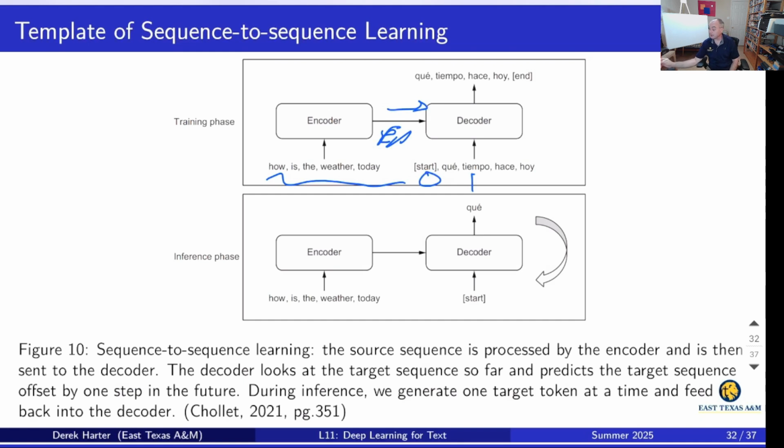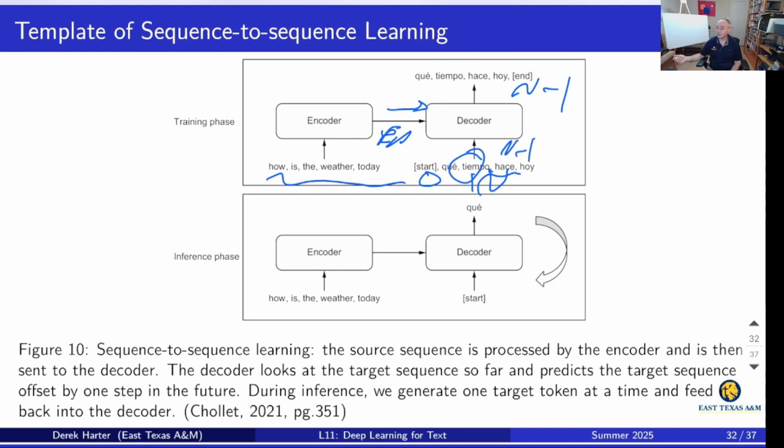So the decoder in the model gets 2 inputs: the intermediate representation from the source, and the destination sequence up to time step n. The model's task is to predict the next token. So what should occur at n-1? If we were at tempo here and we wanted to predict haste, the label that we would be training with would be this word here, the n-1th word in the input.